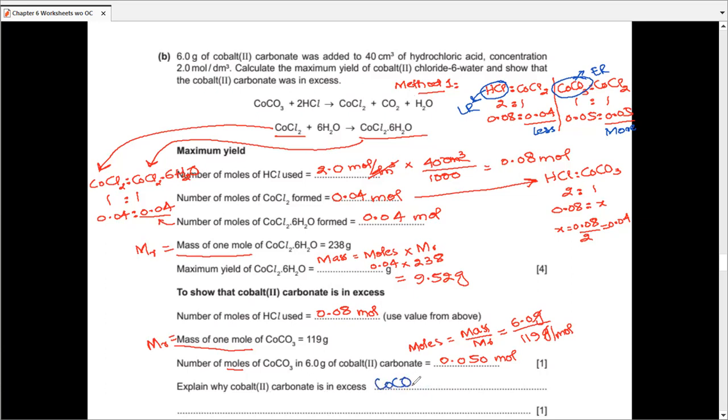So CuCO3 produces 0.05 mole of COCl2, whereas HCl produces 0.04. So COCO3 is in excess. Sorry for my poor handwriting.